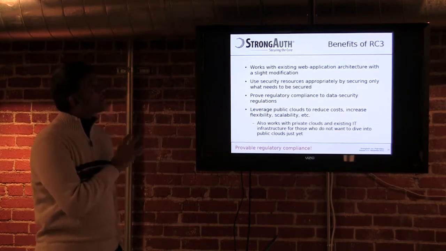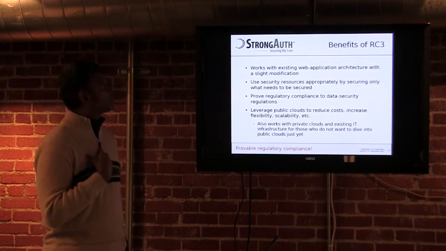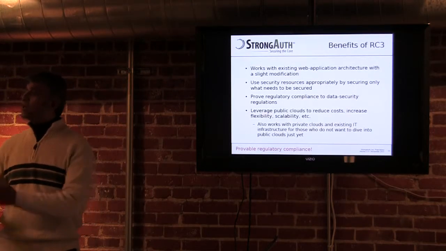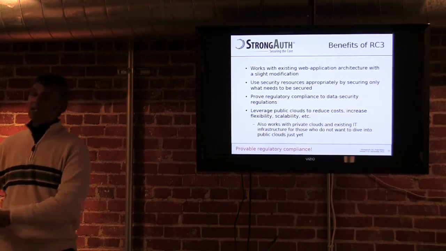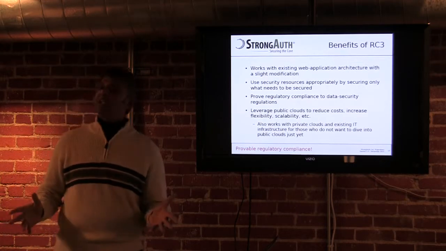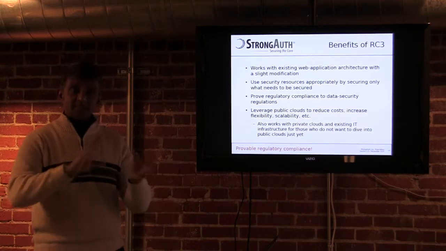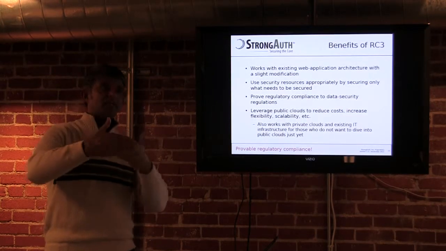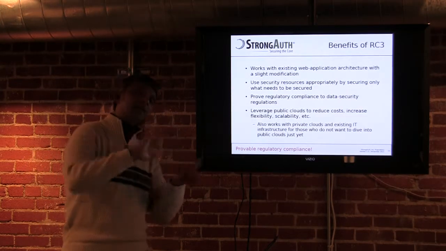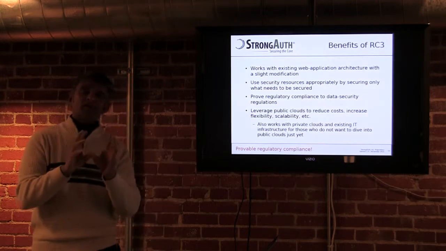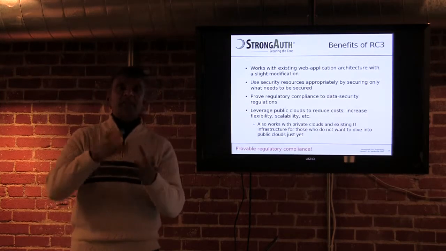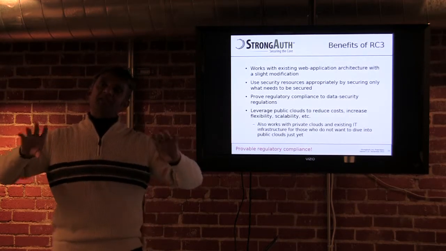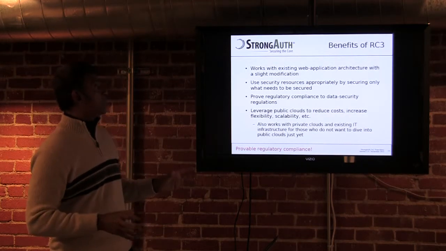Some of the benefits of RC3 from our point of view is that it will work with existing web applications architecture. You do have to modify the application, but nothing new needs to be invented in the web applications. Just like the client server separated the GUI, the front end, and the back end, RC3 requires you to separate your data, classify your data in certain ways, and then build a transaction using the classification model.